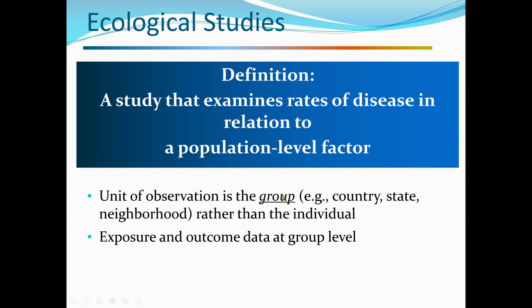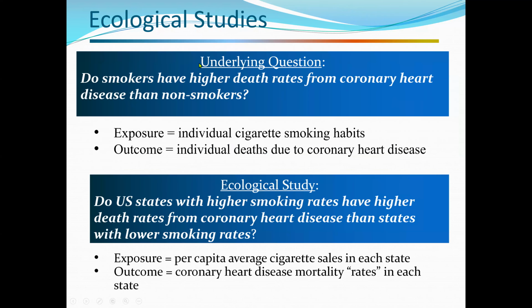But with case studies or case series, the unit of observation is the individual. The goal of ecological studies is the same: we are trying to understand the phenomena, the person, place, and time. With ecological studies, the underlying question can be, for example, do smokers have a higher death rate from coronary heart disease than non-smokers?